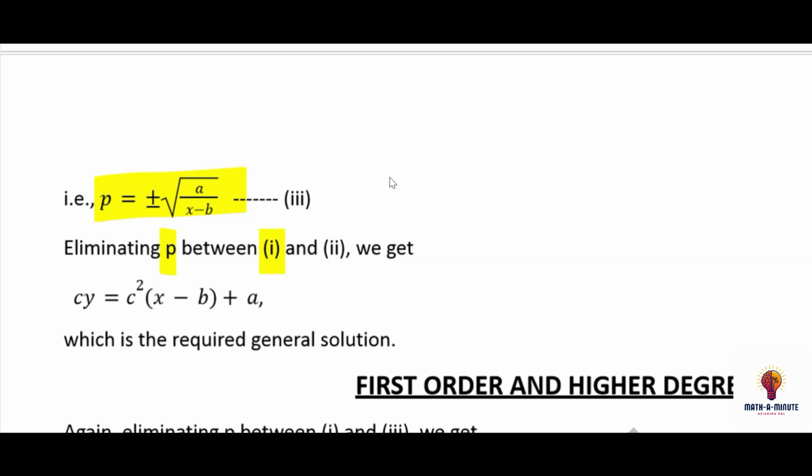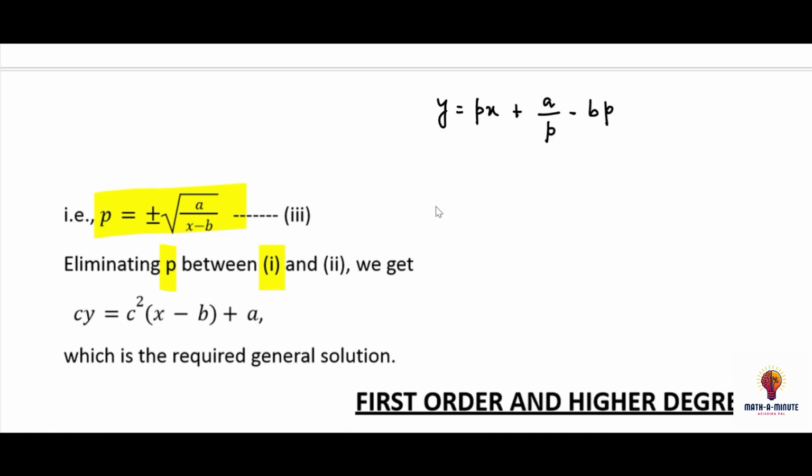Let me write the given equation. If I eliminate p from equations 3 and 1, we will get the singular solution. We already have the value of p, so just put the value of p here. We can write this equation in the form of py equals p²x plus a minus bp², because the value of p² is a by (x minus b).